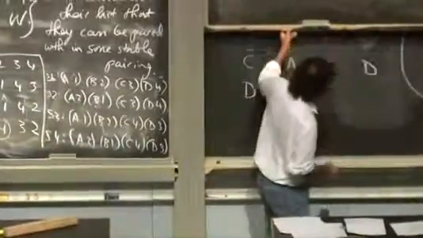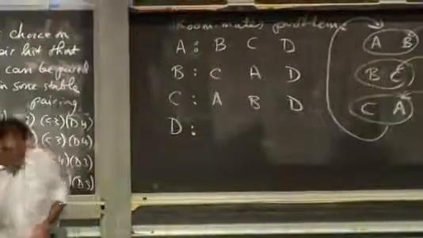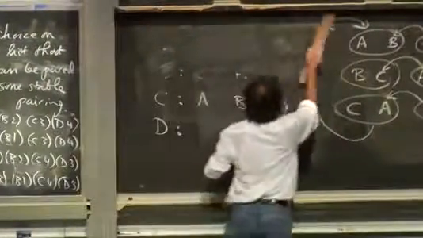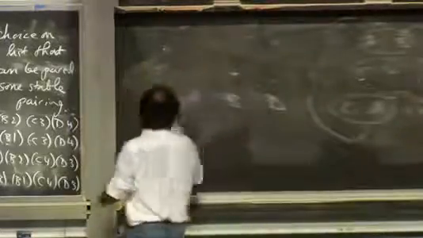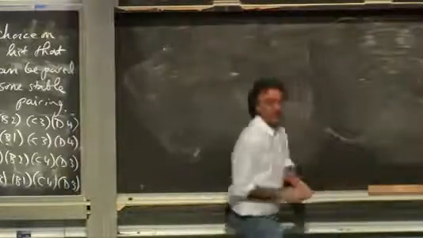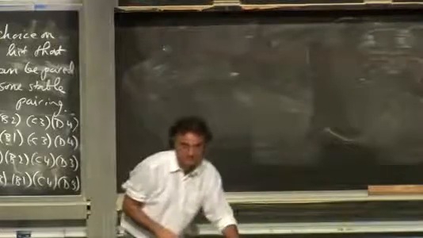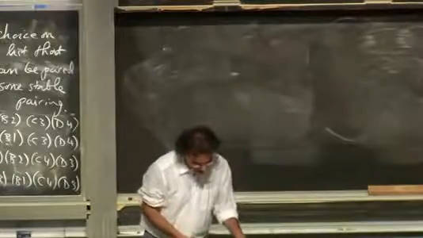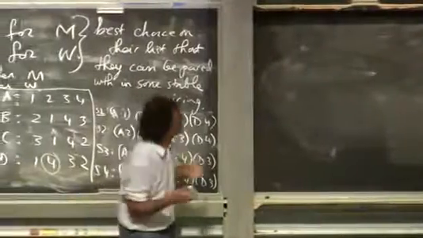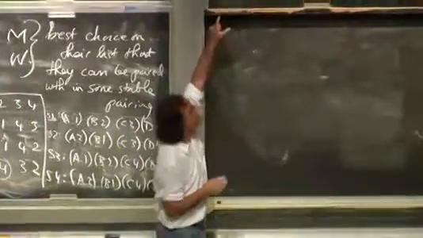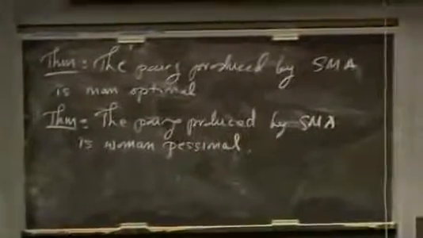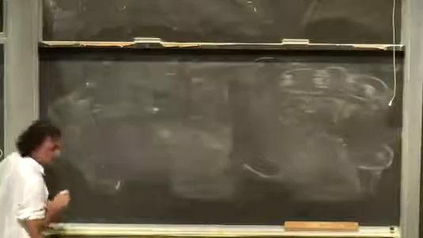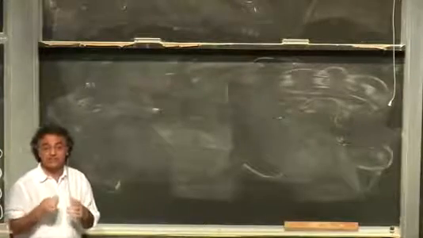Now, let me try to quickly sketch for you why it's male optimal. And I don't know if I'll succeed because we have only 3 minutes, but let's try our best. Okay, so let's, again, by contradiction. So we are proving the top theorem there. It's male optimal, man optimal. Suppose not.